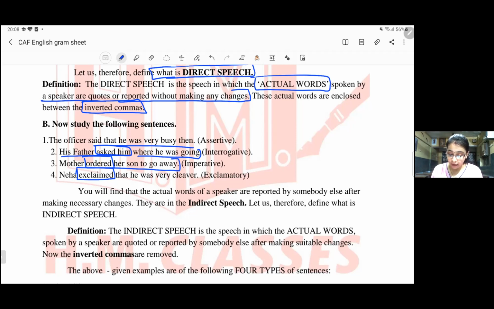You will find that the actual words of the speaker are reported by somebody else after making necessary changes. Now I asked, "Where are you going?" Right? This will come in inverted commas. But when you are giving the message to someone, then what will you say? The teacher asked where you were going. Right? This is an indirect speech. Therefore, define what is indirect speech.